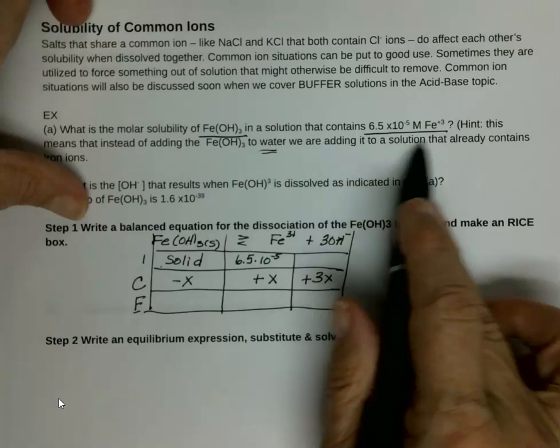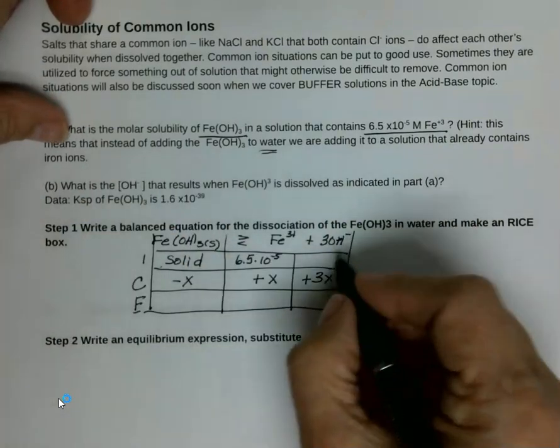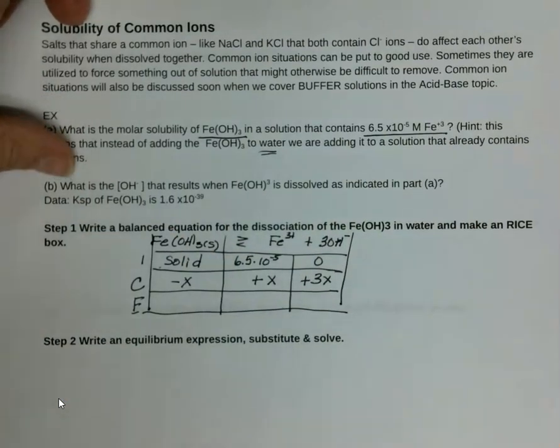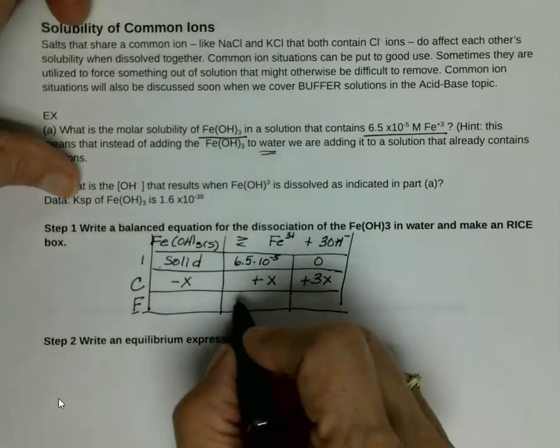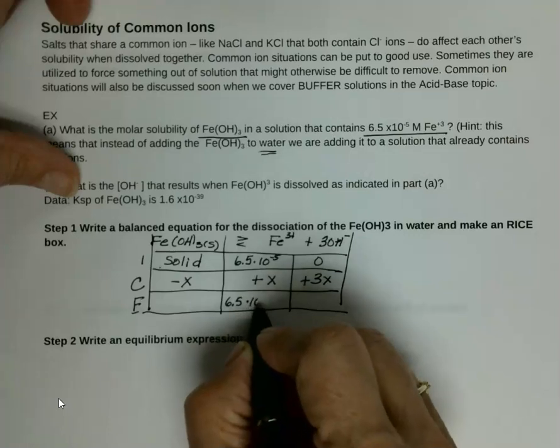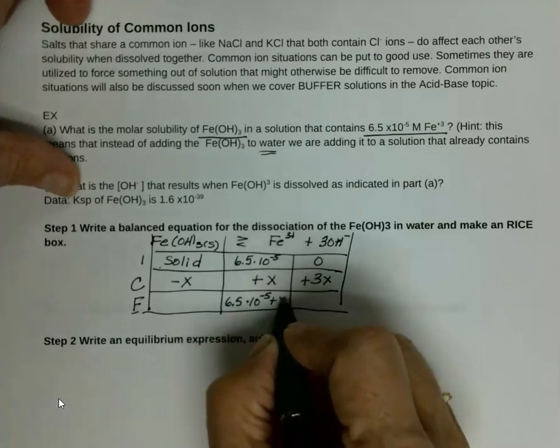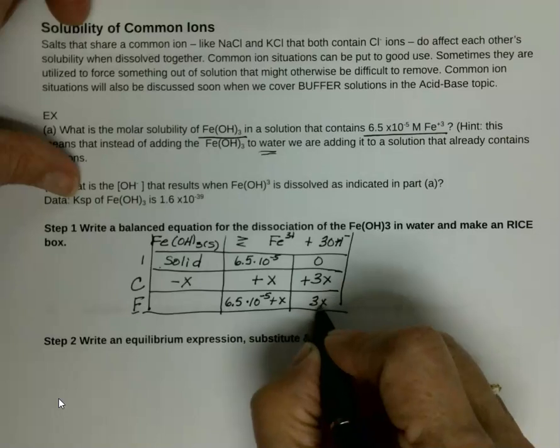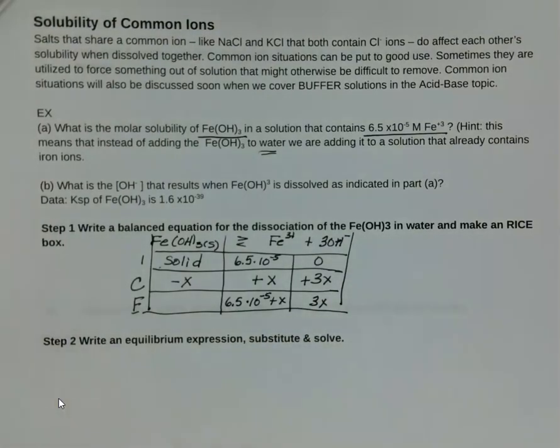Now, there's no hydroxide. It doesn't say anything about hydroxide, so that one is 0. So when we go to do our equilibrium, we now have 6.5 times 10 to the negative 5 plus x and 3x. Okay? So there is our box.